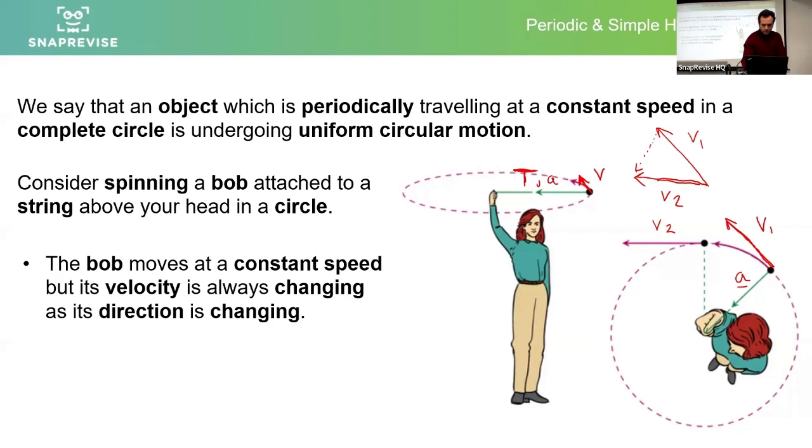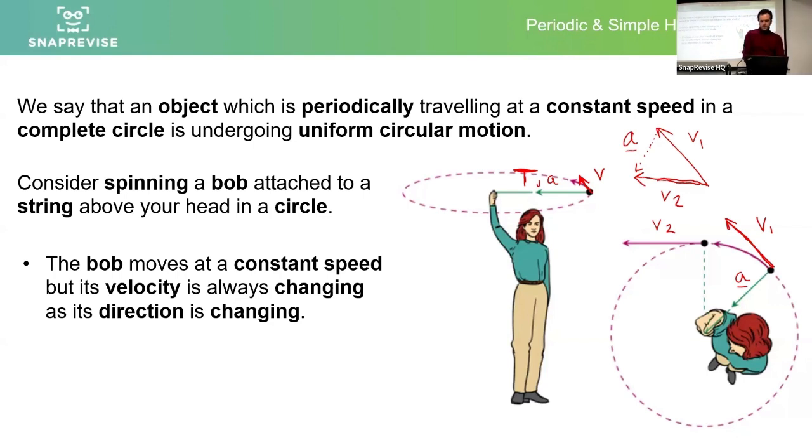There it is. The acceleration points this direction on my diagram, and lo and behold, it points in the same direction on my vector diagram. Because acceleration is a change in velocity per unit time, that's exactly what's going on. We go from v1 to v2 via this acceleration.